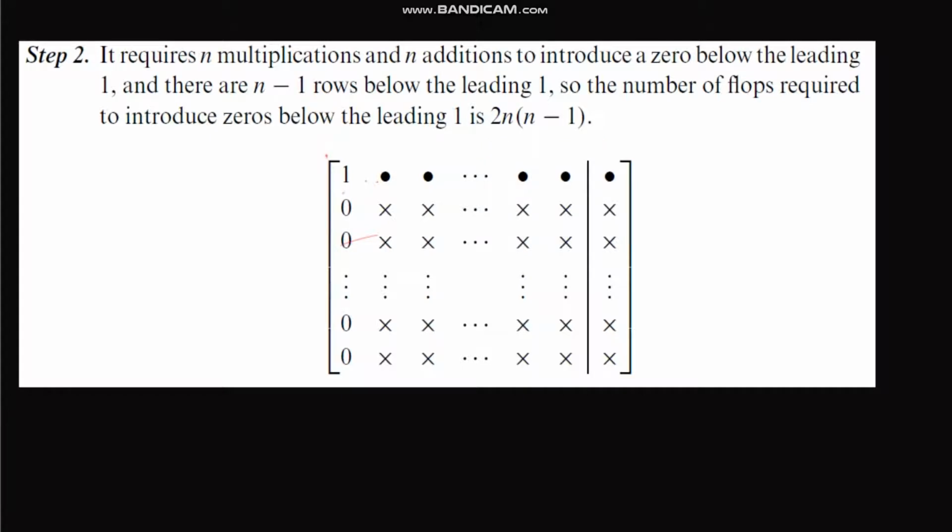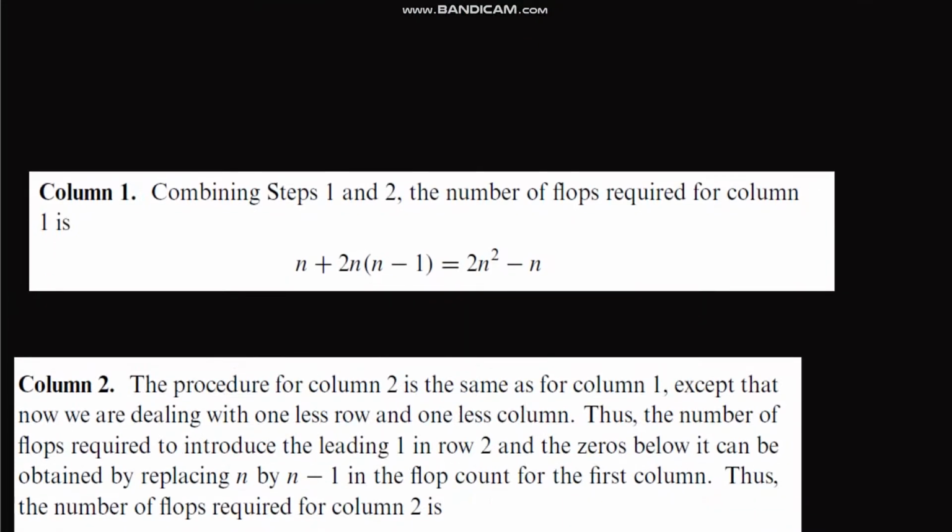To sum up this first and second step, so how many total number of flopping points we needed to introduce 0 below the first column, where we have to add first and second step. So when you calculate this you will get 2n square minus 1, right?